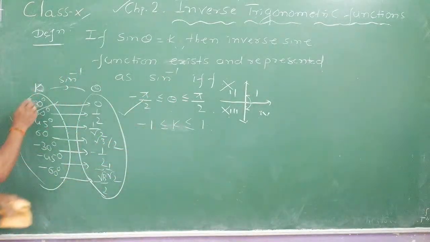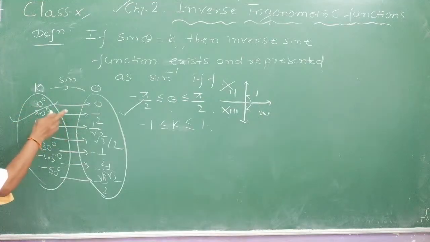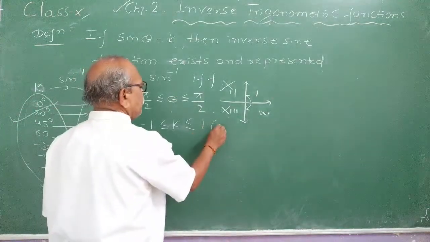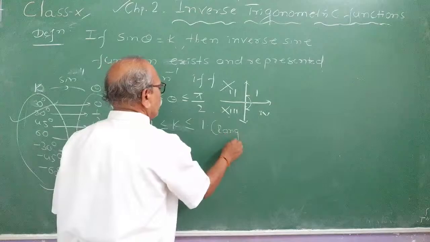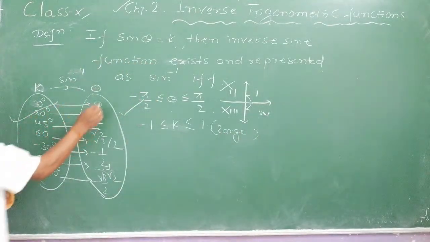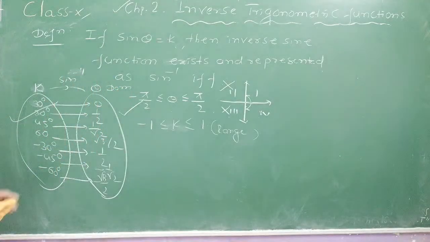Now, what is the domain here? Domain becomes, in this case, sine inverse. This is sine function, sine inverse function. Means domain will be this, this will be range. The range will lie between minus 1 and plus 1. Domain becomes theta. Therefore, inverse sine function can be defined.